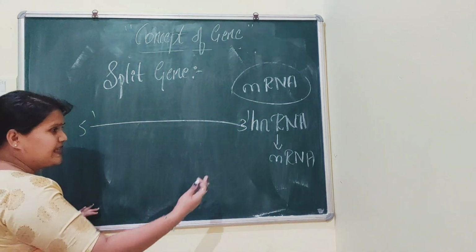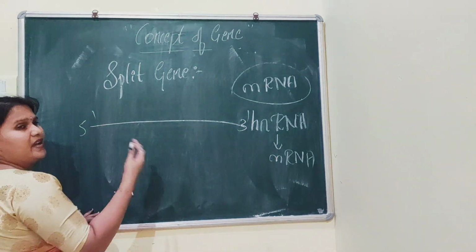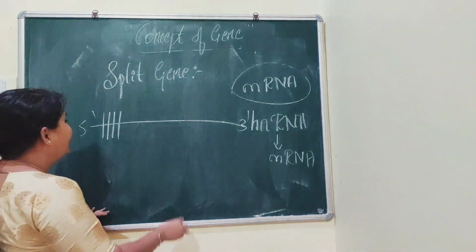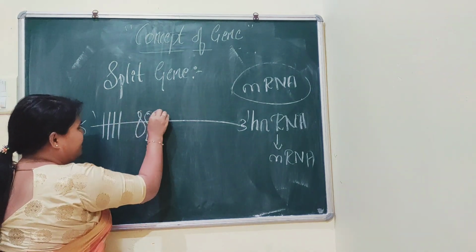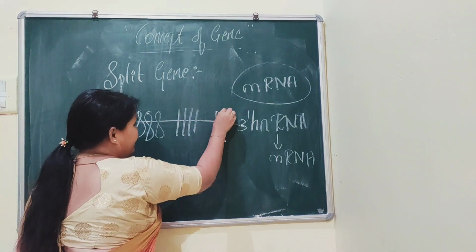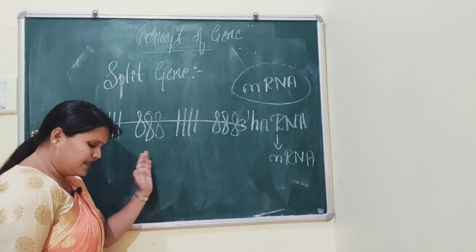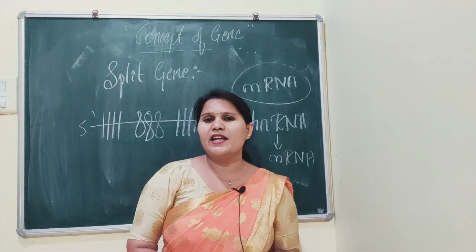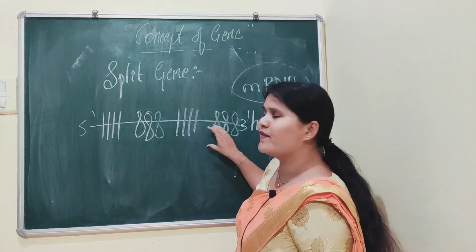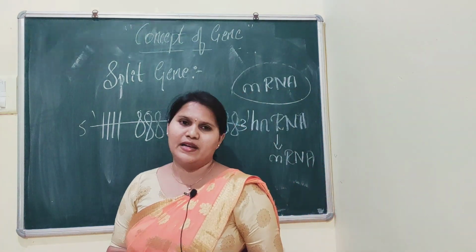So the coding sequences can be represented here with the linear lines, whereas the non-coding can be represented by the waves. So again the coding and the non-coding. Like this, hnRNA will be having coding sequence, non-coding sequence, coding sequence, non-coding sequence on it, clear.